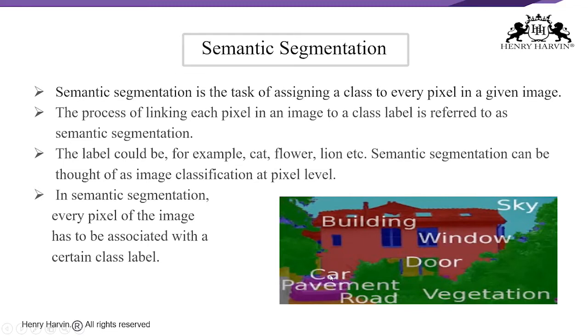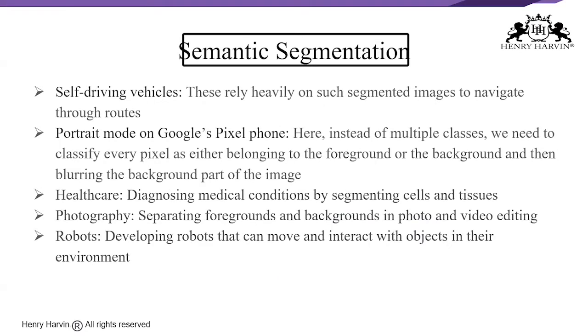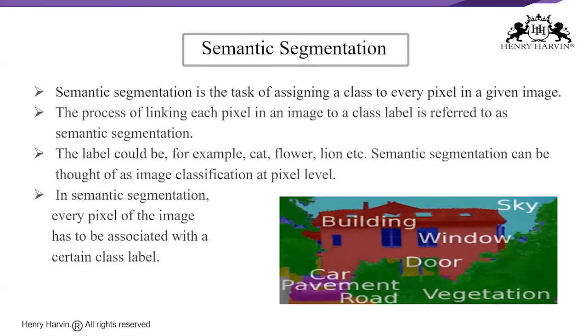So what do we try to understand over here? In semantic segmentation, every pixel of the image is associated with a certain class label, right? So we have to try to understand it a little more, right?